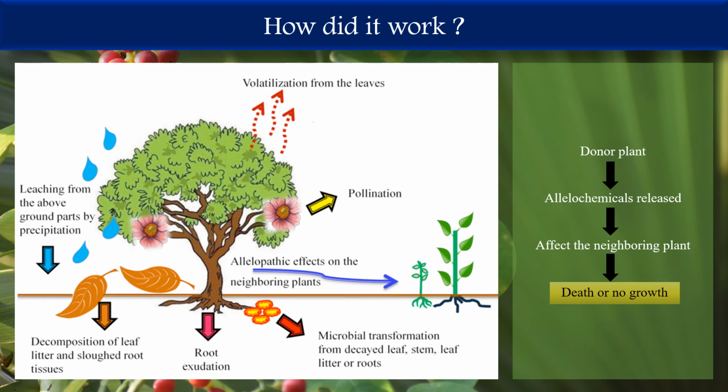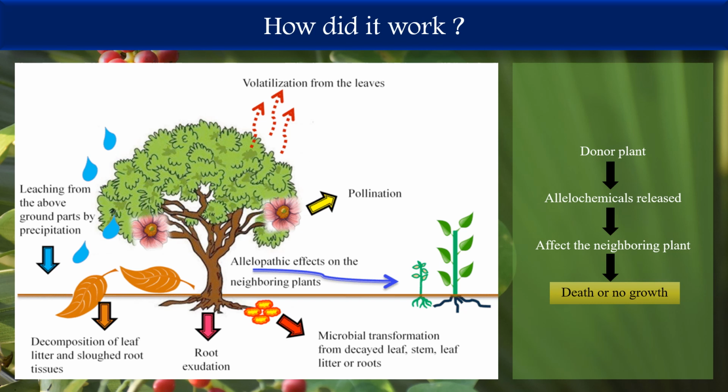One example is the sunflower, which is also an allelopathic plant. After harvesting its crop, farmers need to wait more than 2 or 3 weeks before going for a second crop in the same field, in order to save the second crop from the allelopathic effect of the earlier crop.